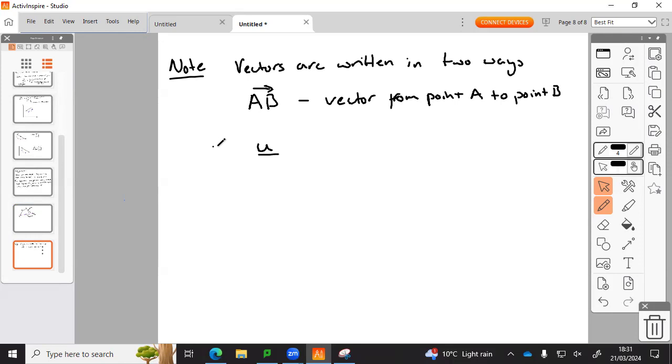Sometimes in the exams it's not always underlined, but when writing it, always underline it.